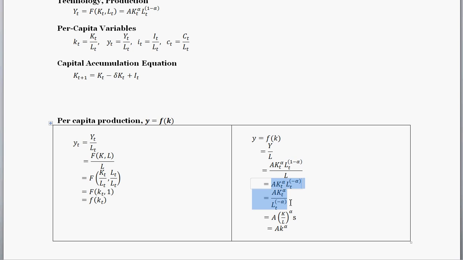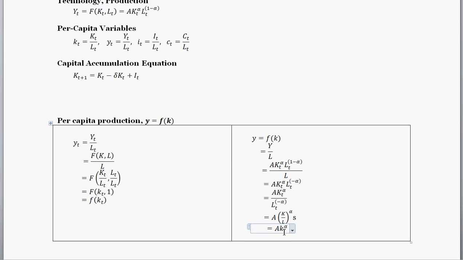The next two steps are just simple algebra, and it all reduces down to the following. So output per worker, y, or notationally f of k, is equal to total factor productivity times per capita capital raised to alpha, where alpha is the capital share of income.